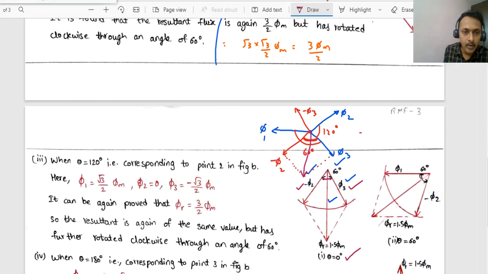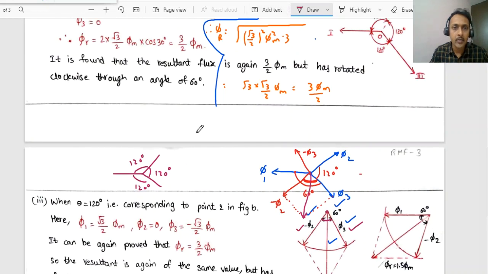First take down phi 1, phi 2, phi 3, and the angle between any two will be 120 degrees. If you want to calculate the resultant, it depends upon the context: at what angle are we calculating?